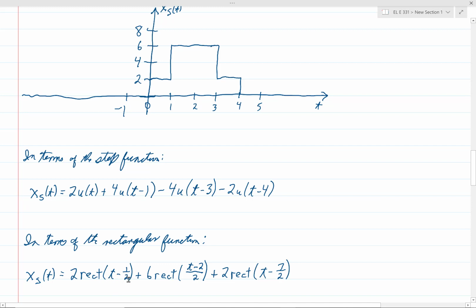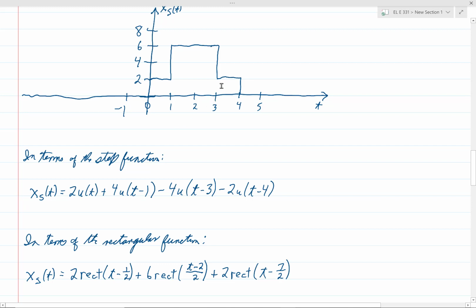The denominator below t minus 1/2 is just 1, because this has a width of 1, so we don't have to change anything about the denominator. The function is multiplied by 2 because the height is 2, and we have written t minus 1/2 because it's centered about 1/2.